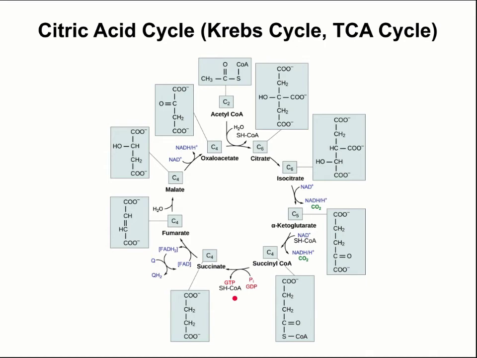Remember that each glucose yields 2 acetyl-CoA, so there are 2 ATP per glucose generated at this step. 4. 3 NADH are generated, steps 3, 4, and 8, and 1 related molecule, FADH2. Like NADH, FADH2 is a 2-carbon carrier, and that's all you need to know for now. That's 6 NADH and 2 FADH2 per glucose.